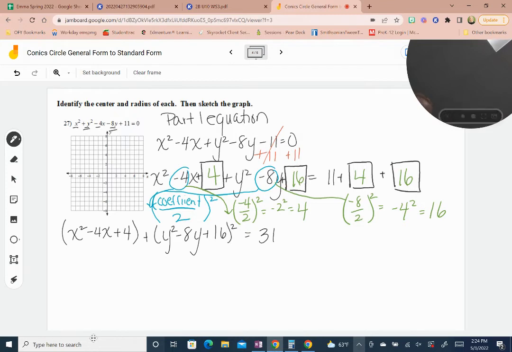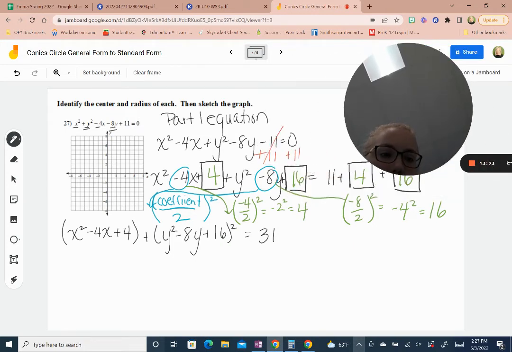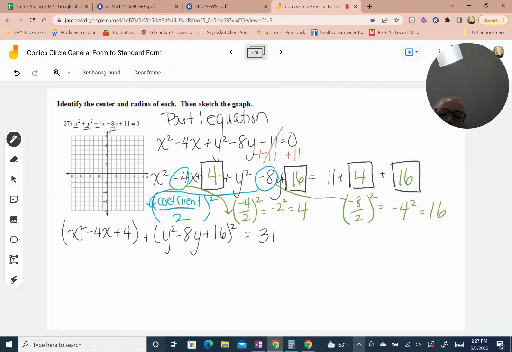Ooh, what am I doing? Hold on, guys, bear with me. Okay, sorry, guys. Oh, you know what? I'm supposed to plus this here. So this actually would be a subtraction of 11 on each side. So this would be a negative 11 right here.